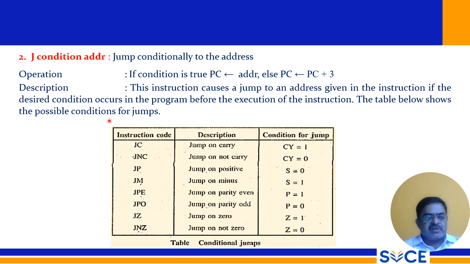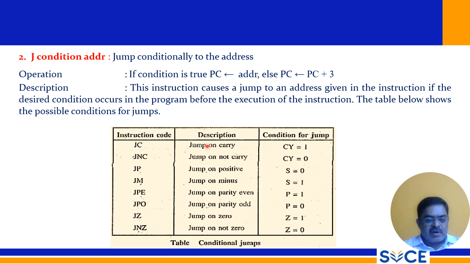The conditions are JC, jump on carry; JNC, jump on not carry; JP, jump on positive; JM, jump on minus; JPE, jump on parity even; JPO, jump on parity odd; JZ, jump on 0; and JNZ, jump on not 0.